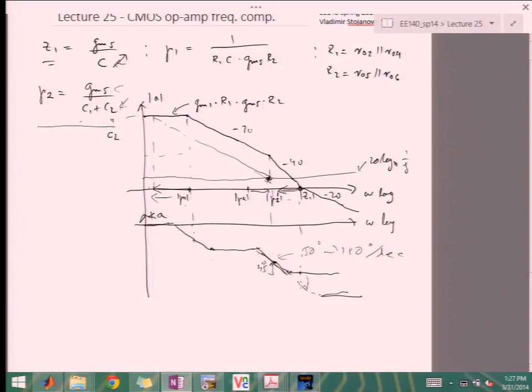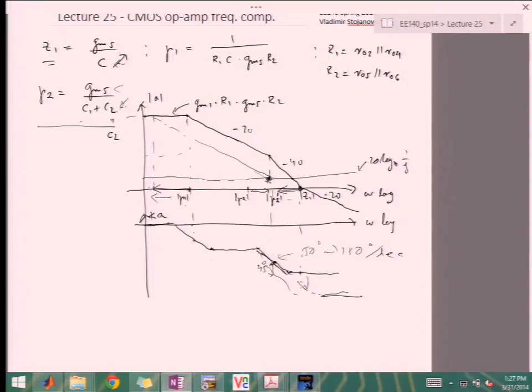If it's very close to pole 2, this is now starting to roll off a lot faster. And that means if you're doing all the calculations so you park yourself at pole 2, you actually may end up with negative phase margin, just because the 0 now started pushing in.